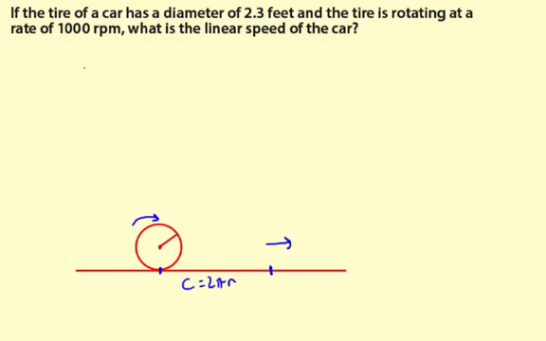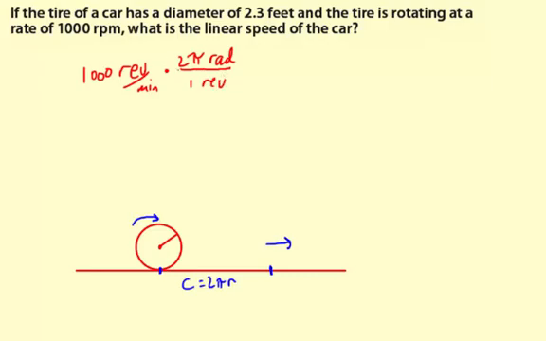So the tire is rotating at 1,000 revolutions per minute. And we want to know what the angular speed is. Well, what we do is we multiply by 2 pi radians per 1 revolution.